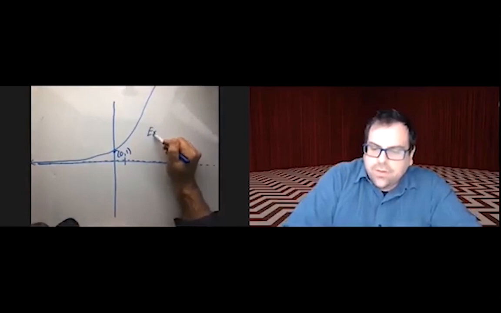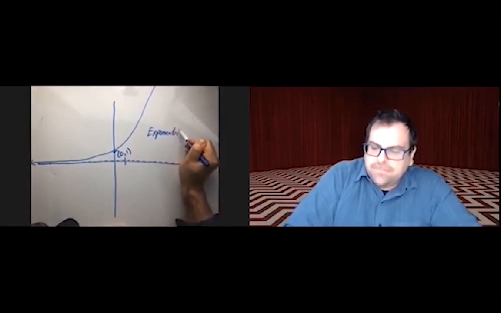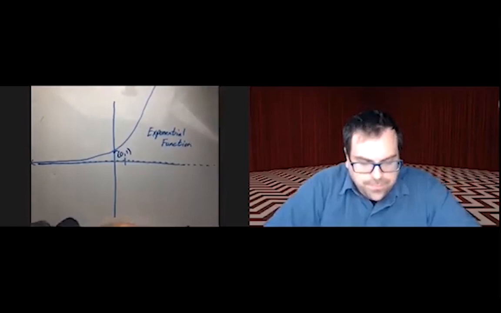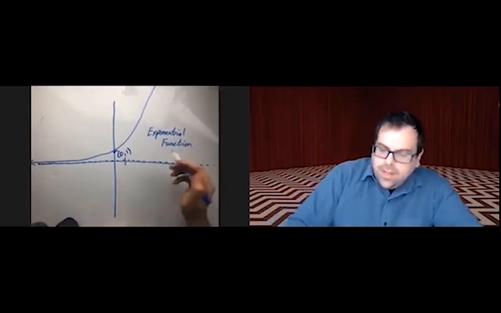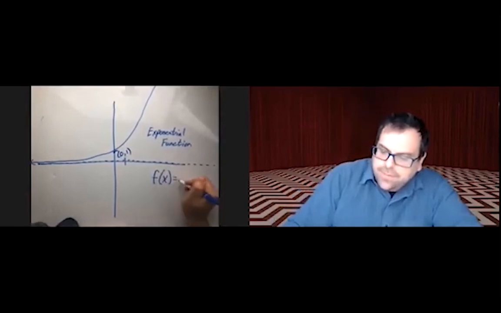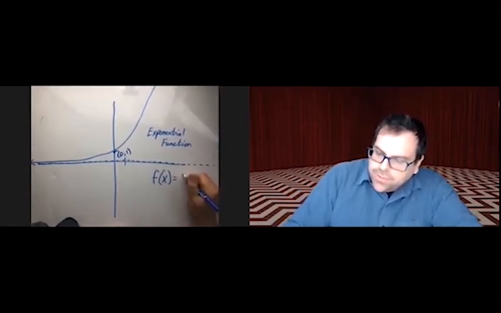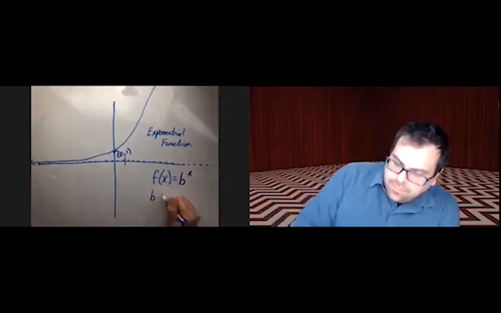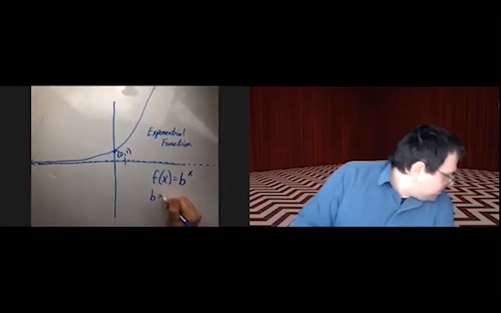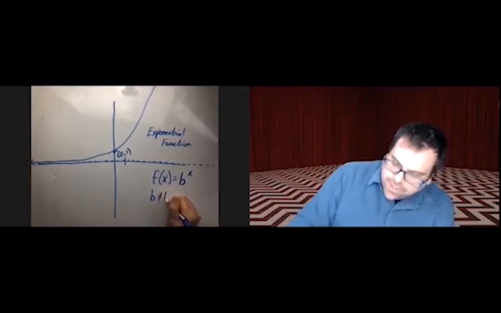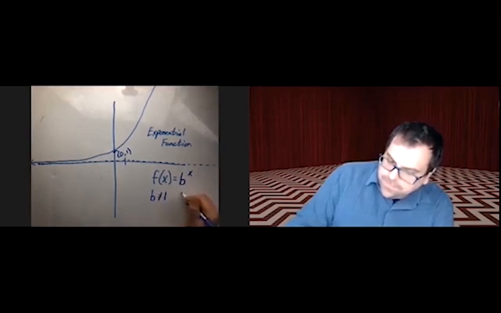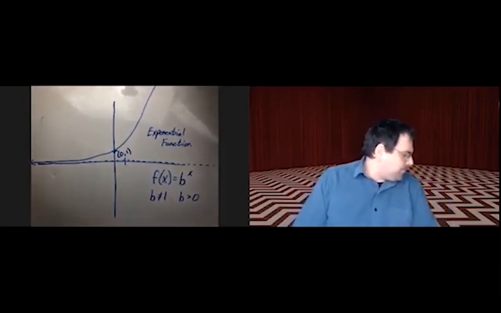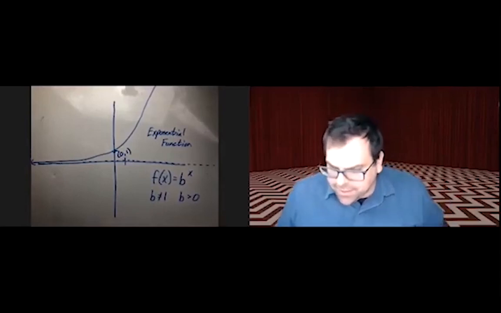And it's called the exponential function. f of x equals b to the x. b cannot be 1, and b must be greater than 0. This is the exponential function.